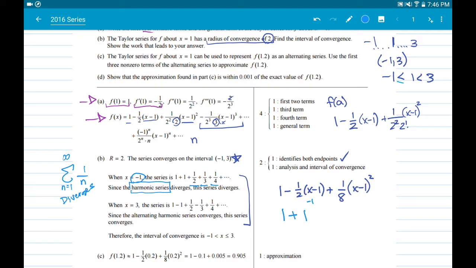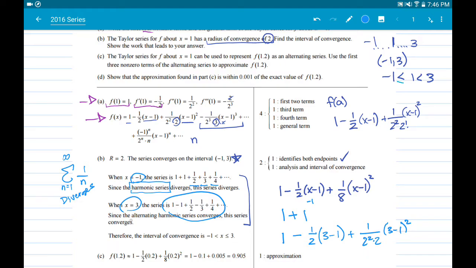Whew, lots of details. If you do the same thing for 3, meaning you take 3 and you plug it into this equation, so you get 1 minus 1/2 (3 minus 1) plus 1 over 2 squared times 2 (3 minus 1) squared, and you end up getting this.